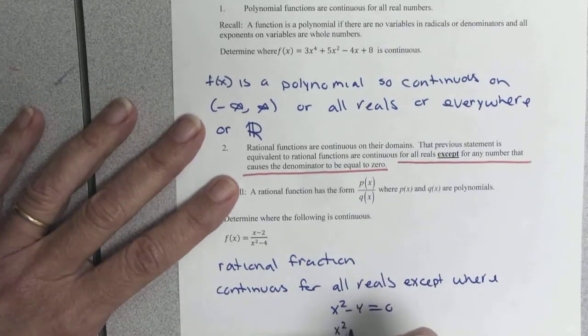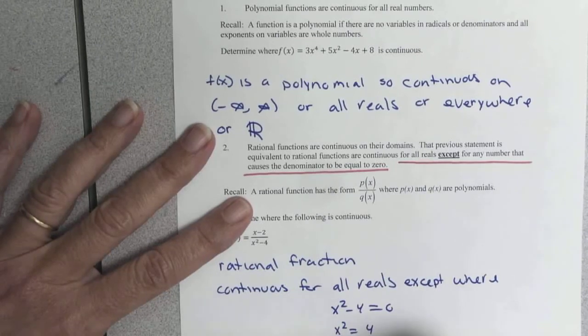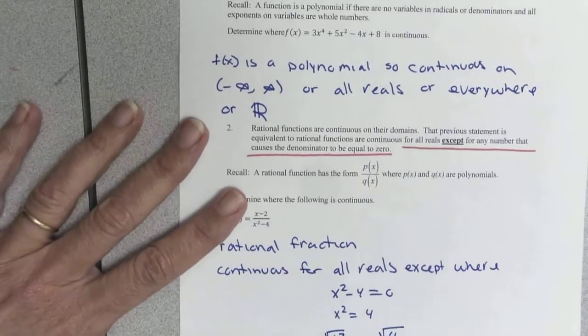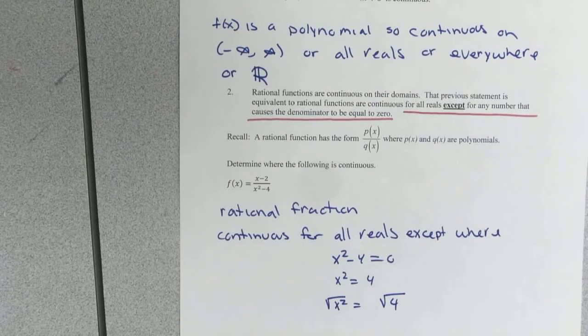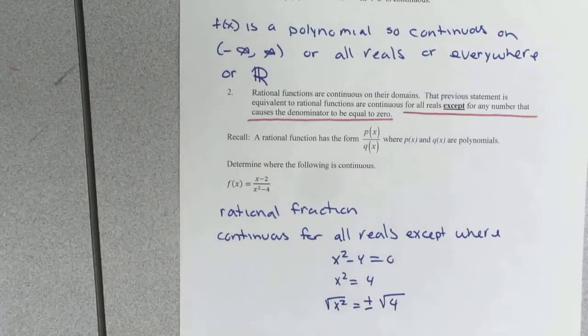So I solve this little equation, x squared equals 4. Take the square root of both sides, and I left a great big gap there. You've got to remember some basic algebra things here. Little things that maybe didn't trip you up too much in algebra will cause huge problems in calculus. When I'm solving the equation and I take the square root of both sides, I must include a plus or minus.